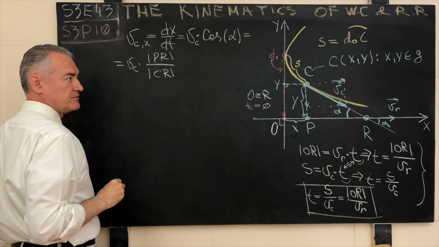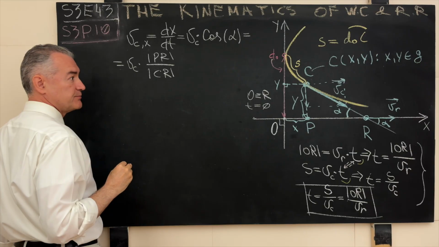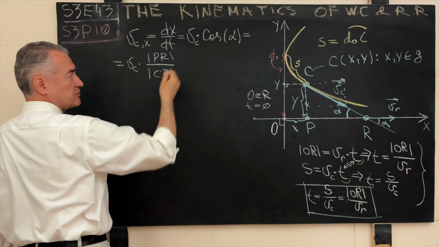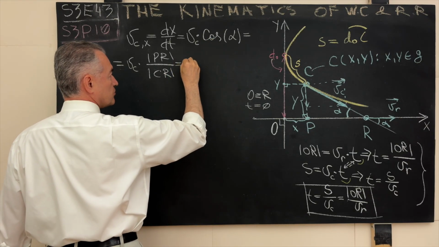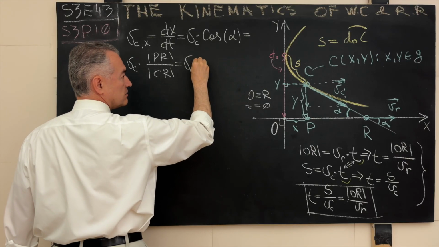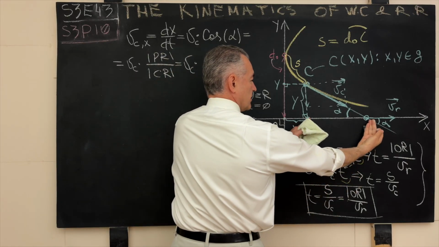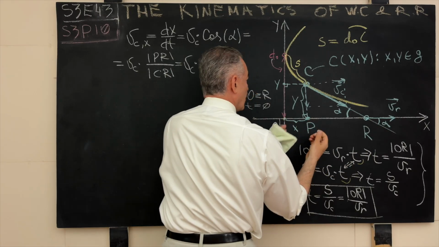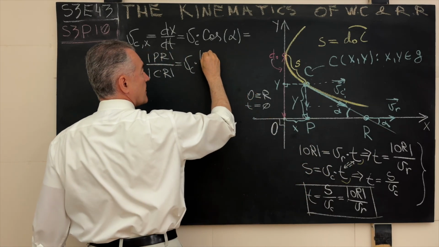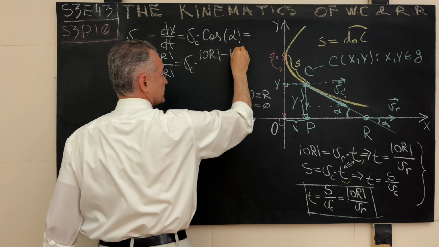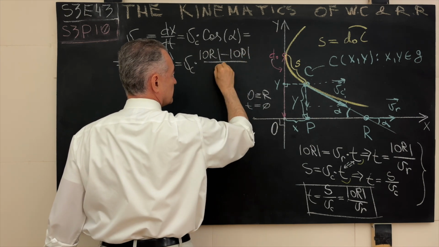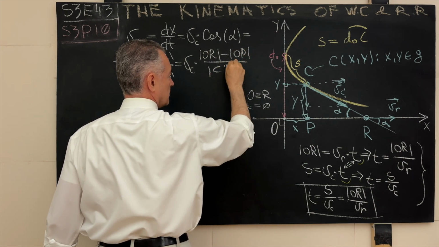That much is clear, right? This is nothing complicated. This is the middle school definition of the trigonometric function of cosine. And what can we say about the distance PR? This distance right here is the distance OR minus OP. So this is OR minus OP divided by CR.